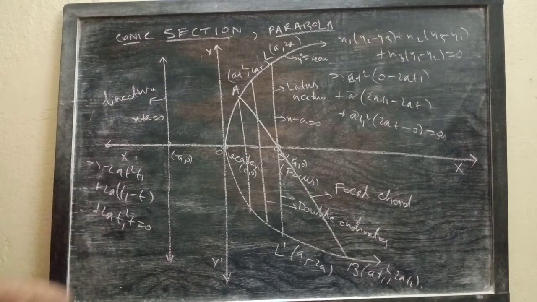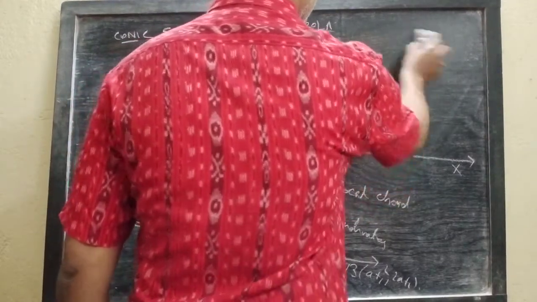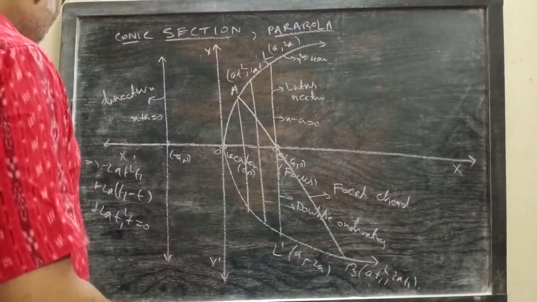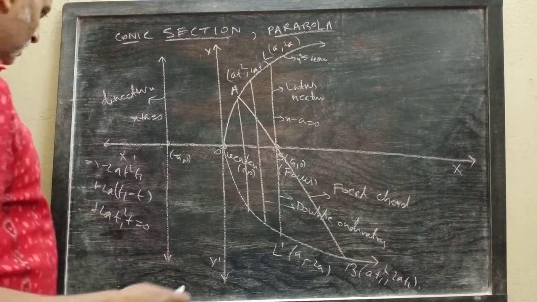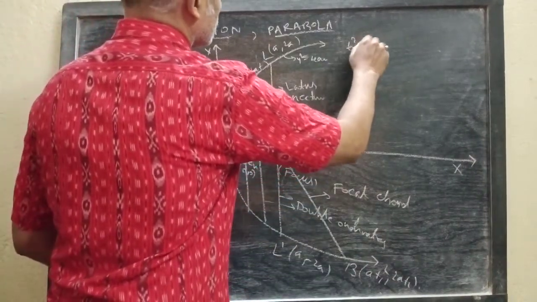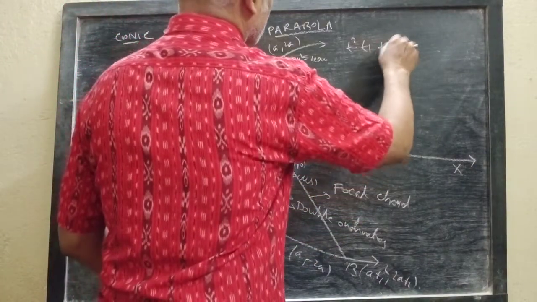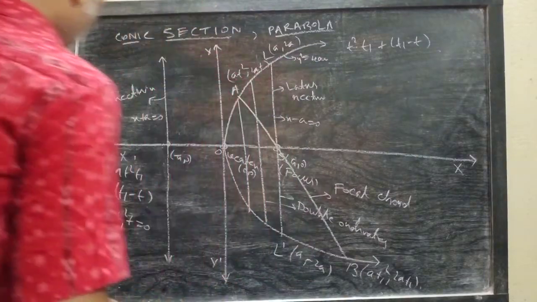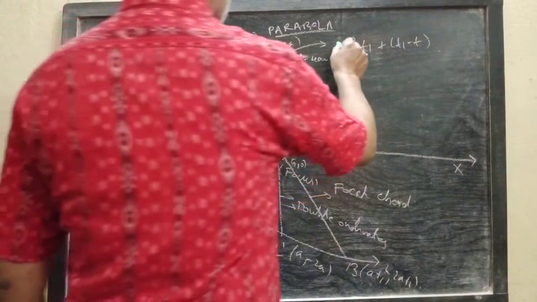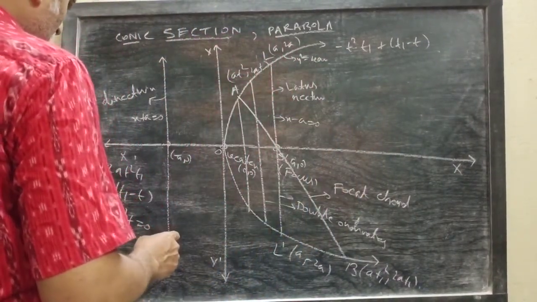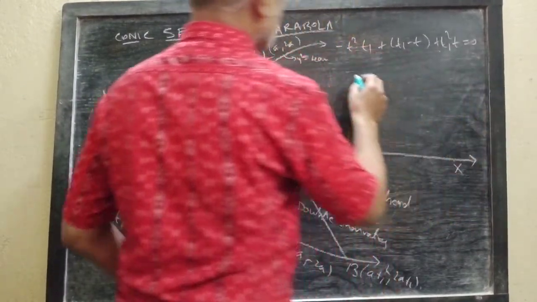Again, every term contains 2a, so 2a is cancelled. Then we have minus t square t1 plus t1 minus t plus t1 square t equals 0.